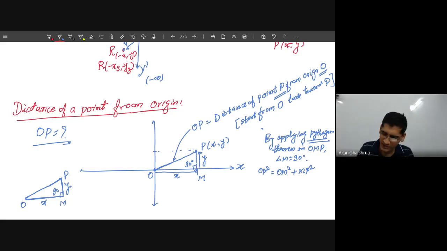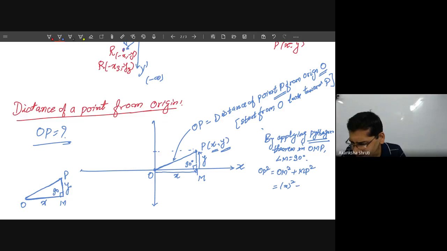The proof of this theorem is also in our chapter on triangles. Student, while I'm talking about the point P, the values of x and y are known, which means OM is known and MP is known. So I can substitute x square and y square.